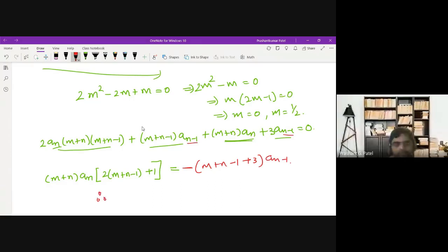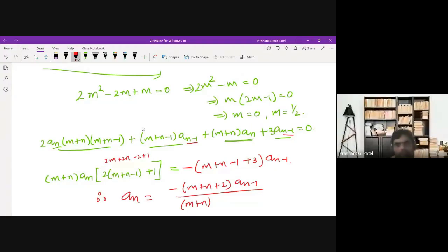So finally, what we have as the recurrence relation is a n equal to minus of m plus n plus 2, a n minus 1, upon m plus n. And here what is left is 2m plus 2n minus 2 plus 1.